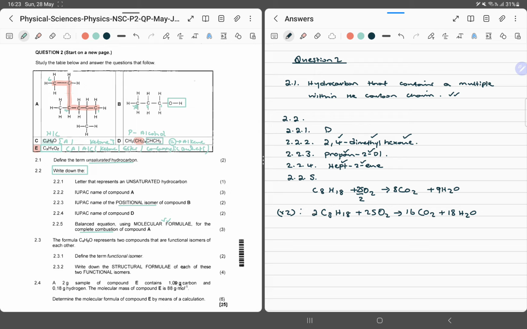That is 36, eh? Yeah, there's 36 hydrogens. And then we've got 36 hydrogens. Then we've got 50 oxygens. Then we've got 16 by 2, that's 32, plus 18, that's 50. So everything is balanced. So this is your answer.